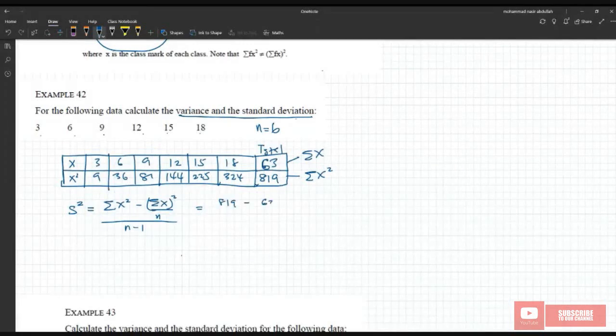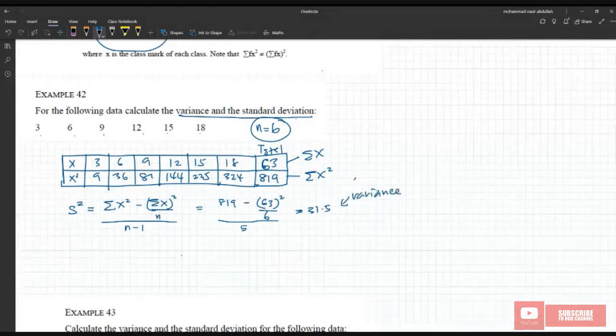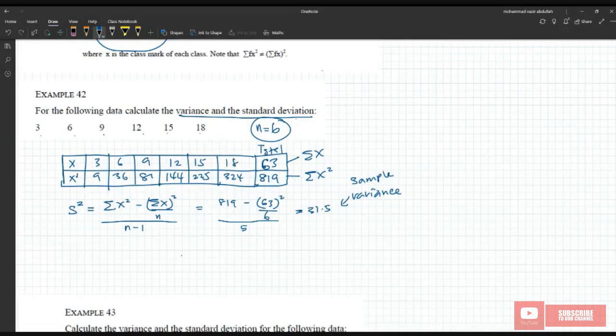So this is going to be 819 minus 63 squared divided by 6, the number of observations, and everything divided by 6 minus 1, which is 5. This is equal to 31.5. So this is what we call the sample variance. S squared is equal to 31.5.